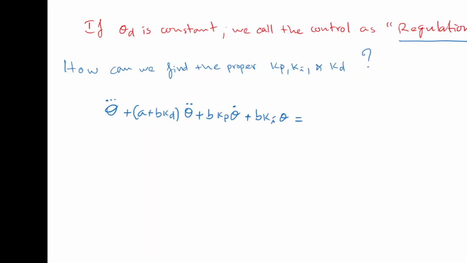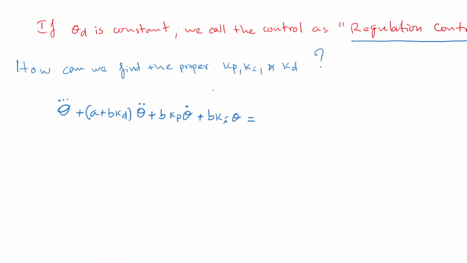Now let's see the characteristic equation. Here you may say this side is just zero, whatever. You just care about the homogeneous solution, right?